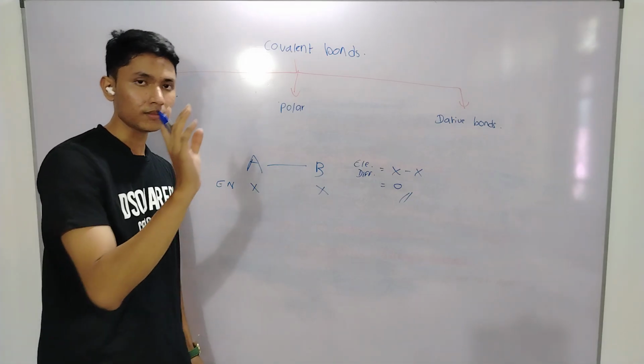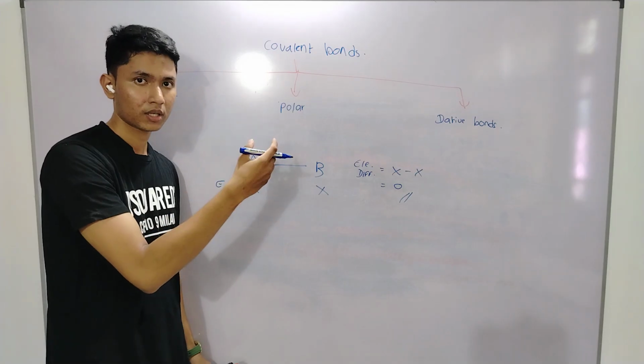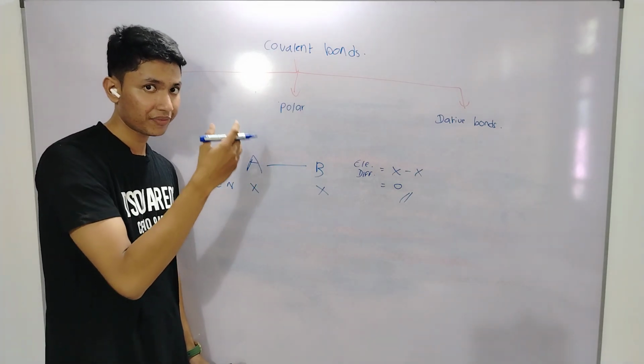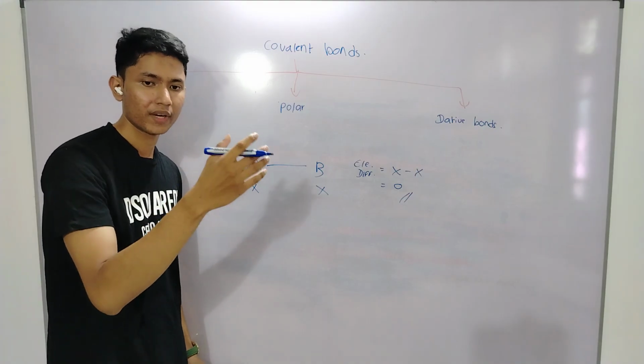Understood? A bond formed between two atoms whose electronegativity difference is 0 is called a non-polar covalent bond. So which atoms form non-polar covalent bonds?